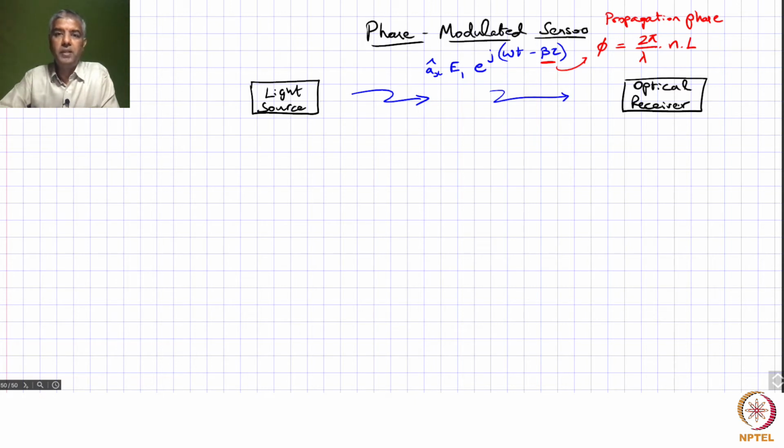It is only sensitive to intensity changes or amplitude changes. So, that is actually a serious issue. What we need is another box over here, which we call a demodulator.